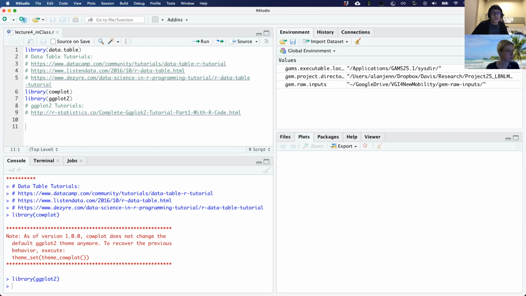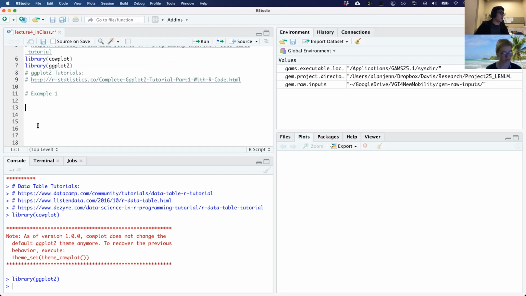Okay, so I actually wanted to provide a slightly different example when we're thinking about standard errors and R squares.